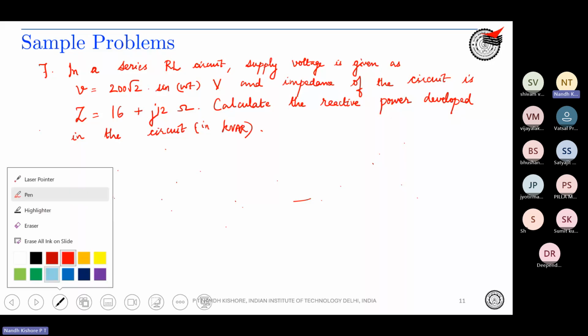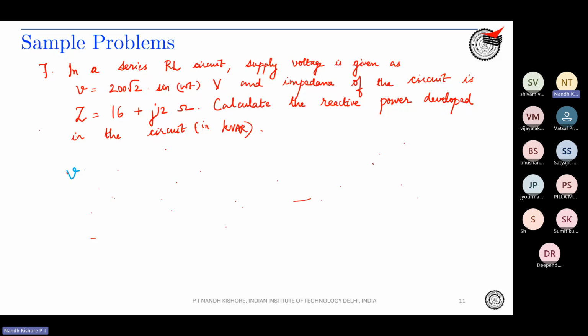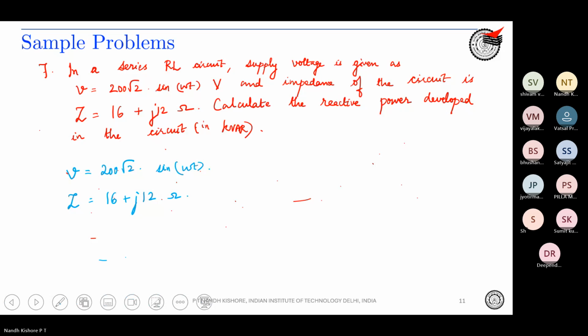Okay, so what have they given? They have given voltage is equal to 200 root 2 sin omega t. Z is equal to 16 plus j12 ohms. Right? So how do we write this?